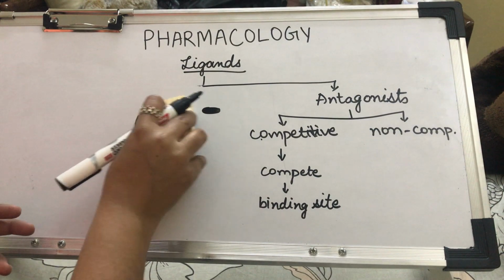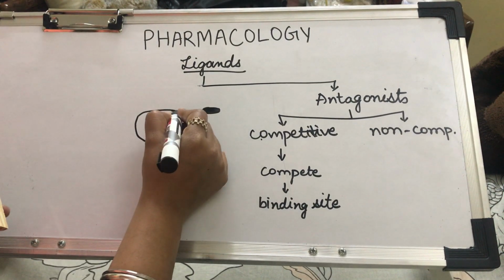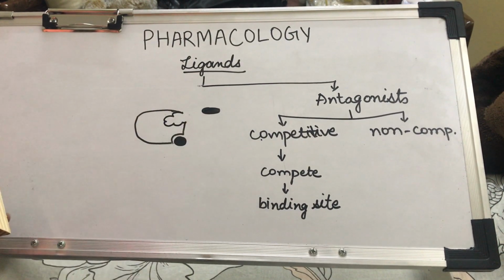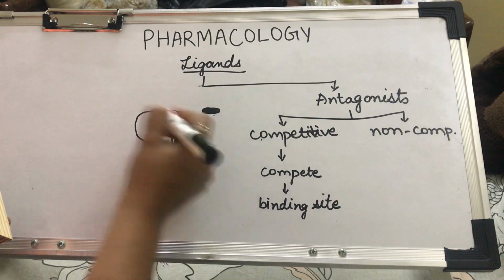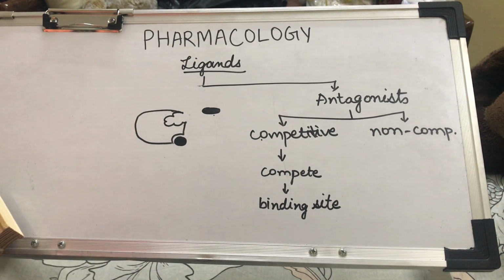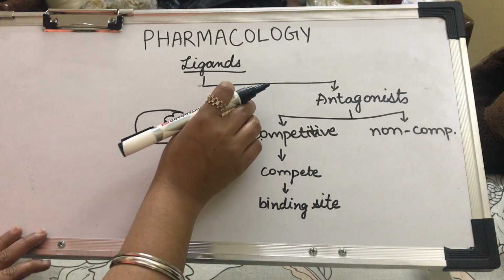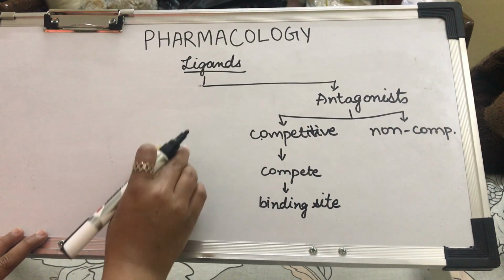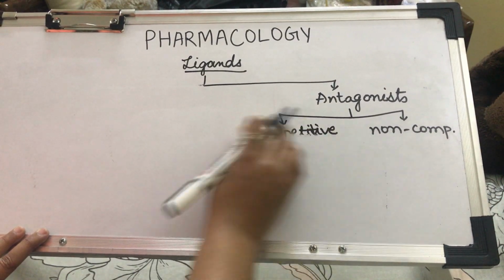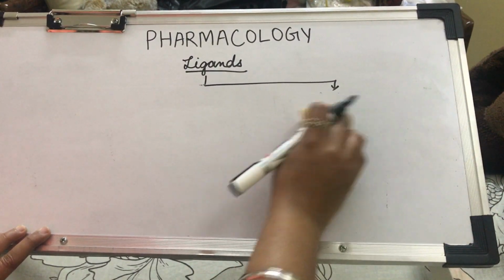Now the shape of this binding site changes, because of which the substrate cannot enter inside the receptor, and thus the activity of the receptor will be blocked. So this is the non-competitive type of antagonism.